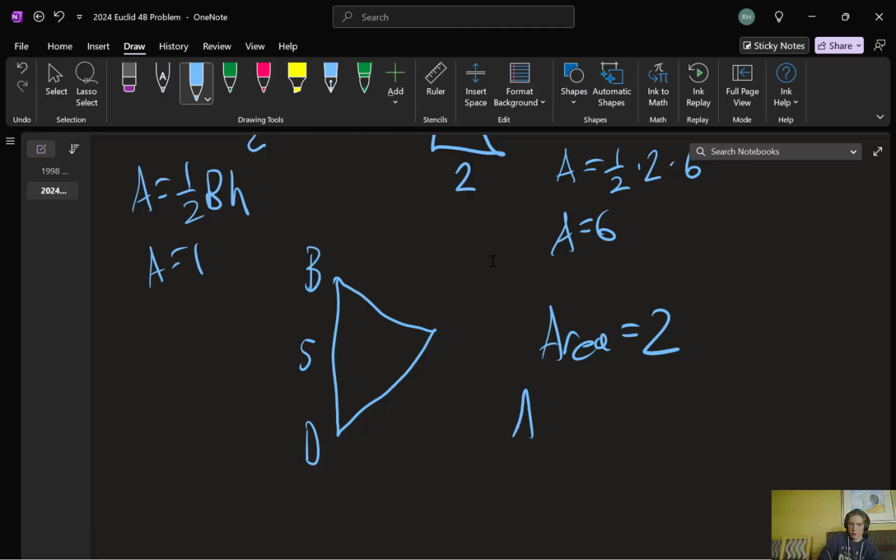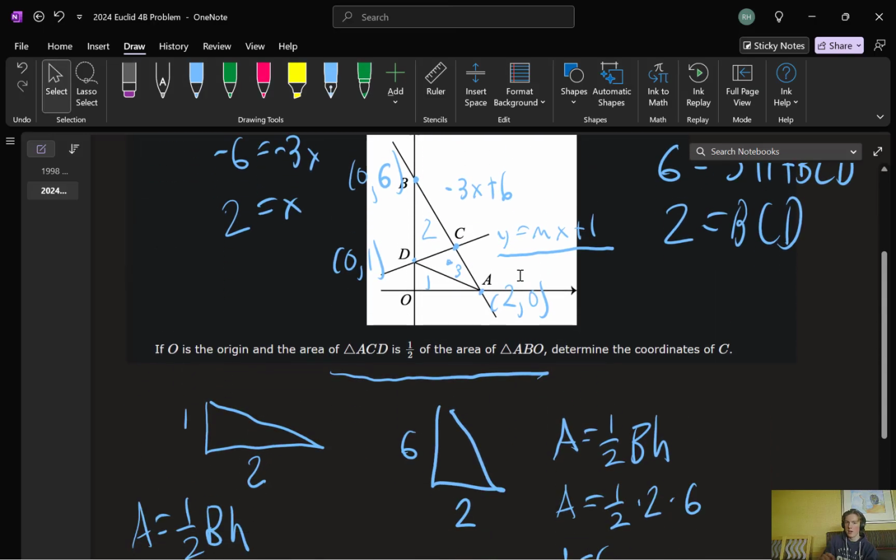Area is 1/2 base times height. We can assign the base anywhere, so let's call 5 our base, and then we need to find a height. This won't work as our height, neither will this. We need to find the height that goes from the base to the highest point of the triangle. So we need to find this, which just happens to be the x value of C.